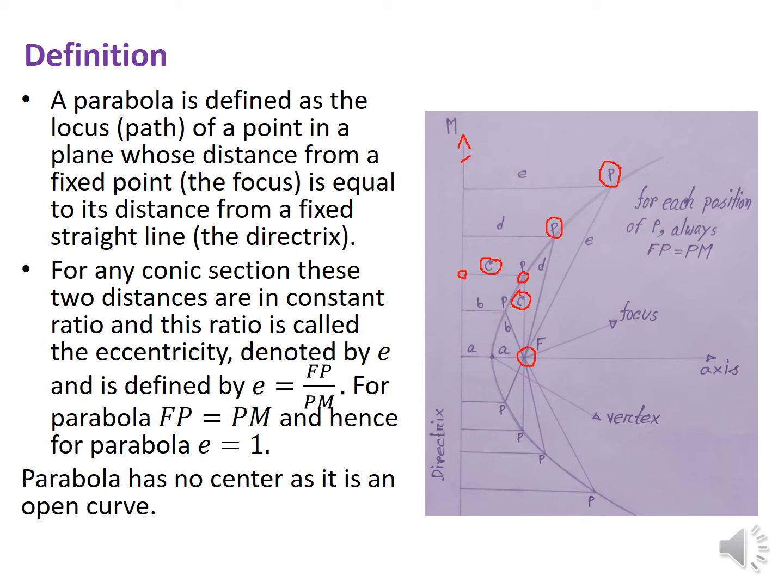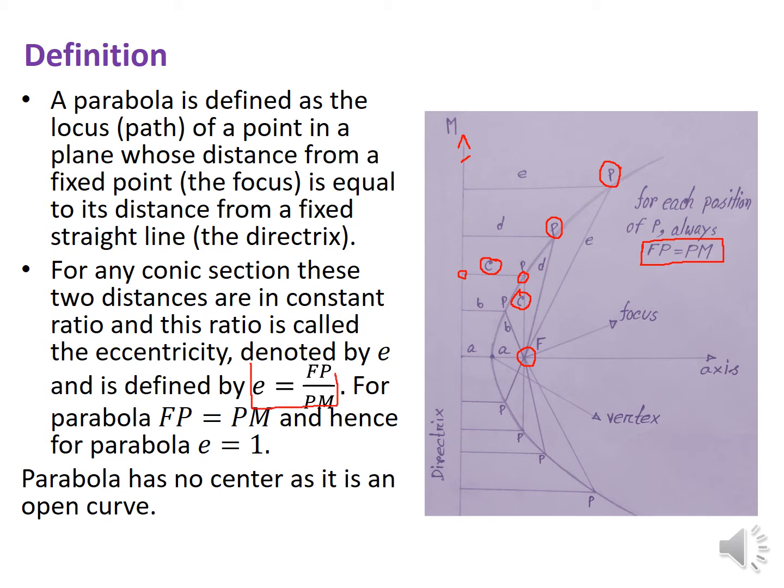So for a parabola, the distance of any point P from a fixed point F and from a fixed straight line is always the same. So for a parabola, we can say FP is equal to PM. Now what is eccentricity? The eccentricity is defined by the ratio of these two distances.